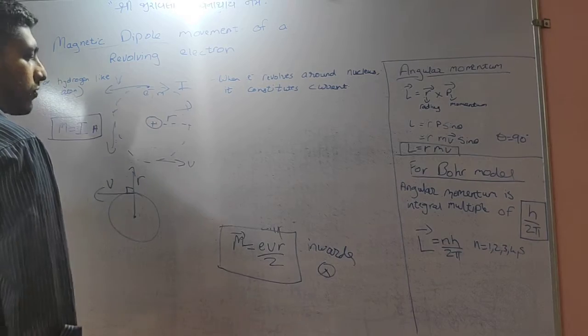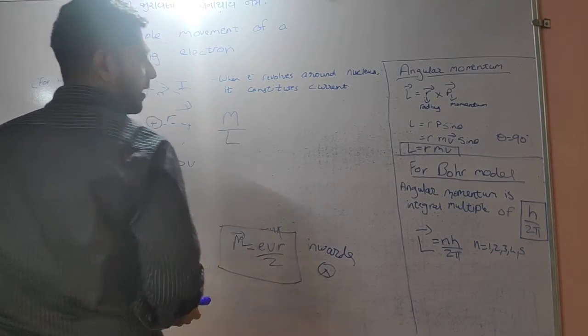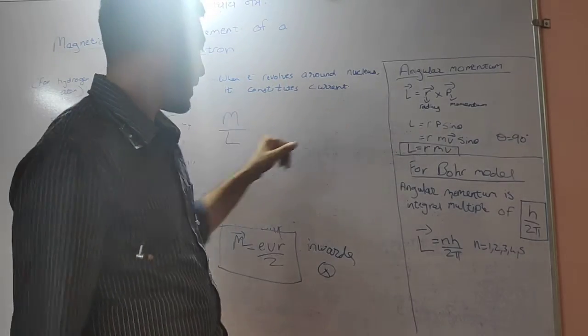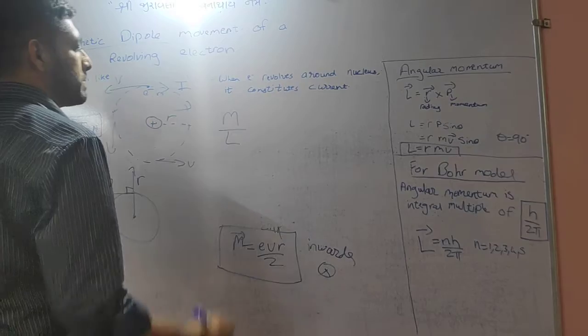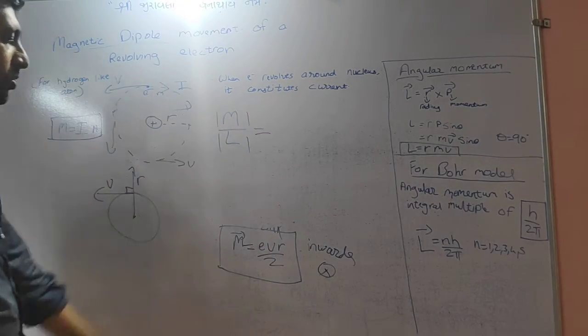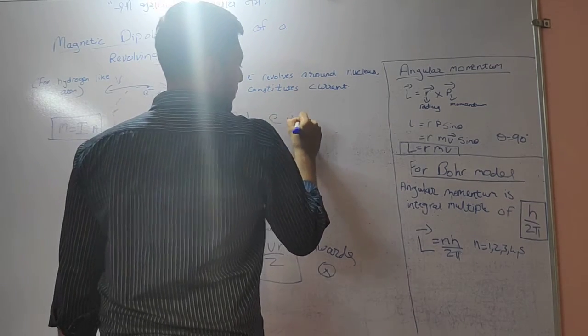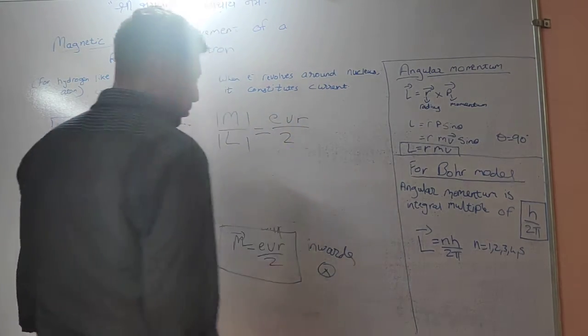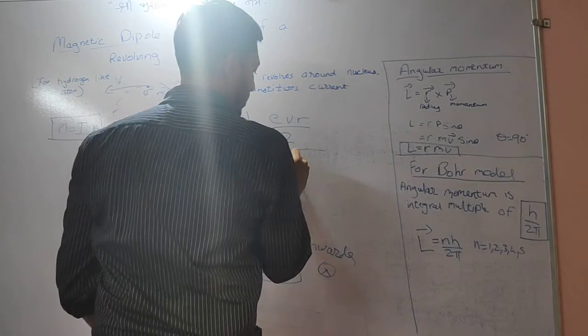Now what we are interested in is the ratio of m by L, the ratio of m, that is magnetic moment, to L. Suppose we take it in modulus. What will the ratio be? It is evr by 2 divided by L. What is L? L is rmv.